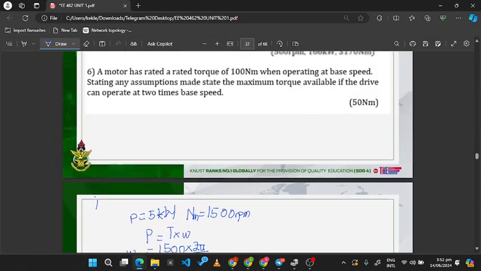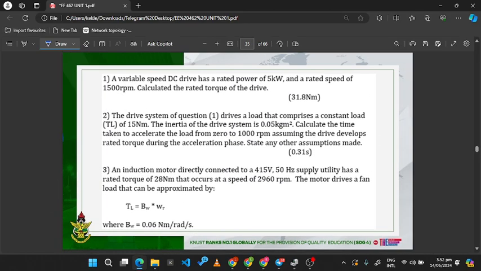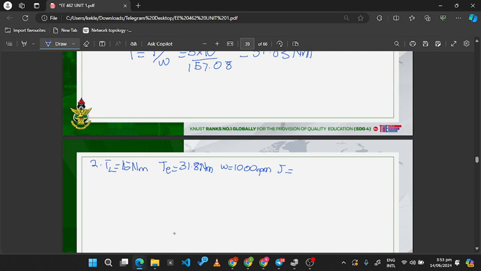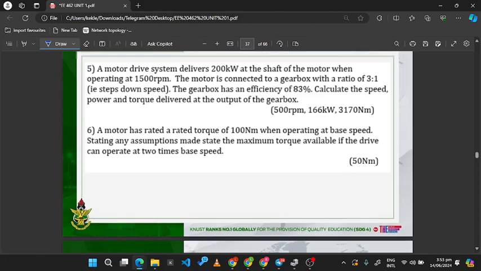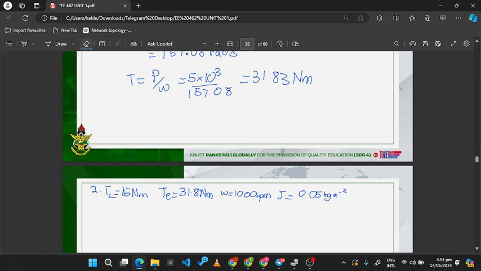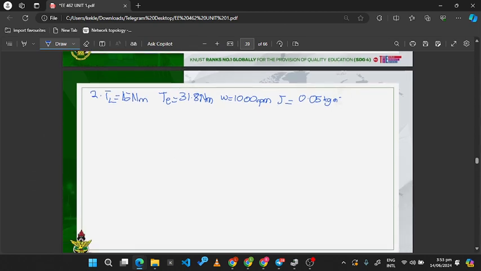So the moment of inertia was given as 0.05 kilogram meter squared.